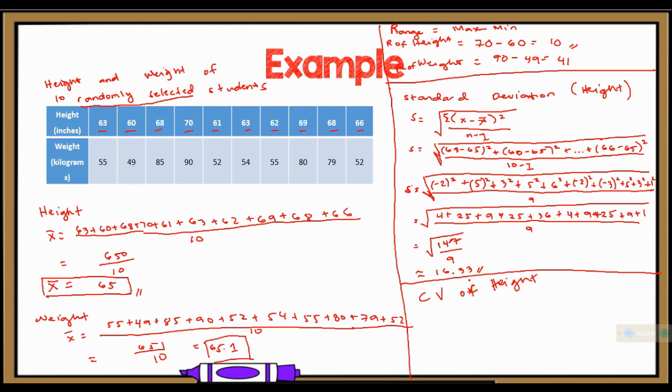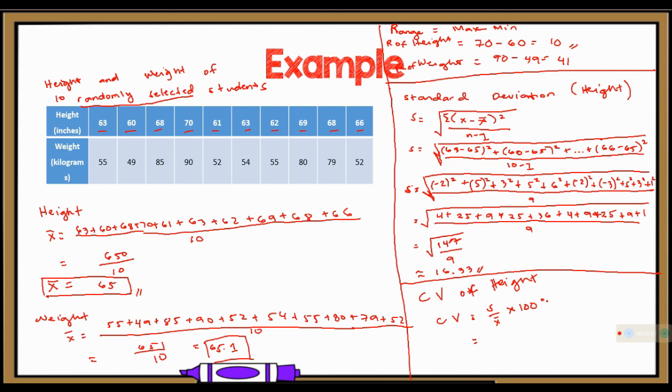So, if you have these two values, all you have to do is to substitute it to our formula here. The coefficient of variation is equal to the standard deviation for the sample over the mean, multiplied by 100.